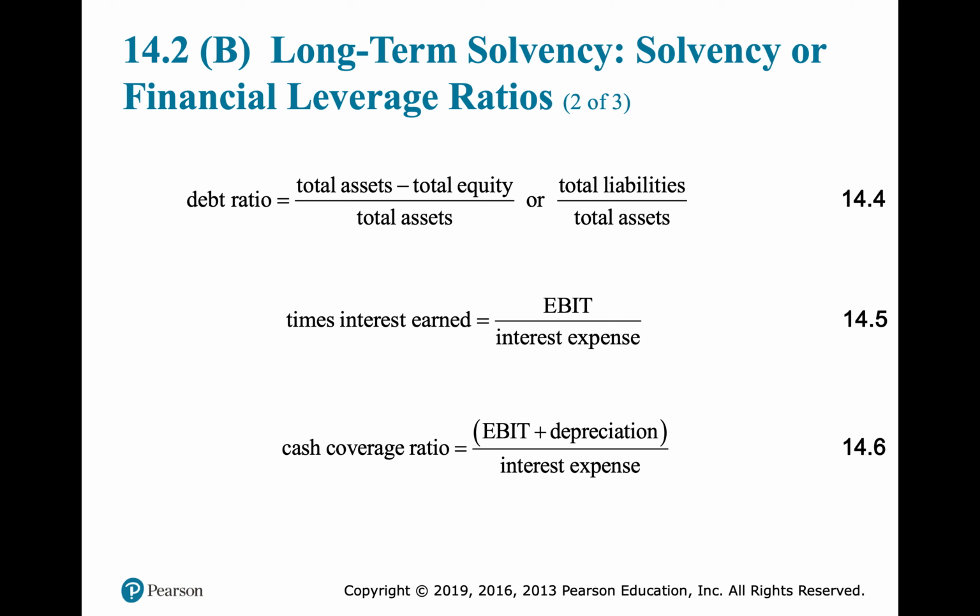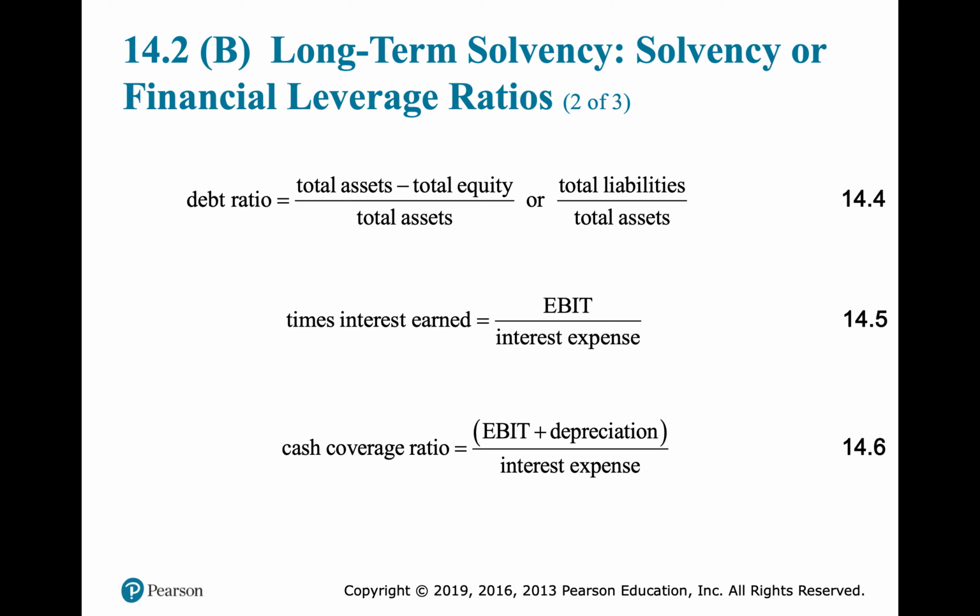Your earnings before interest and taxes are your operating profit margin after depreciation has been removed, and it's saying, how much money did you make this year, and were you able to satisfy your interest expenses, and how many times over?